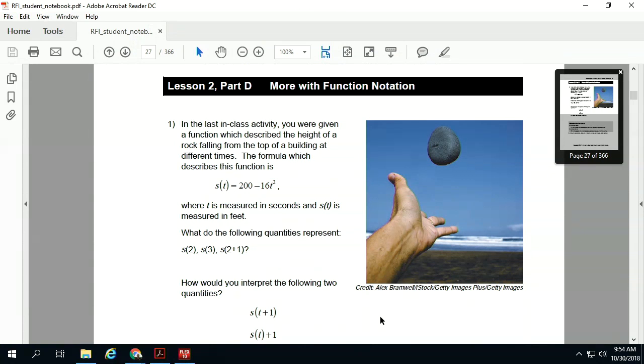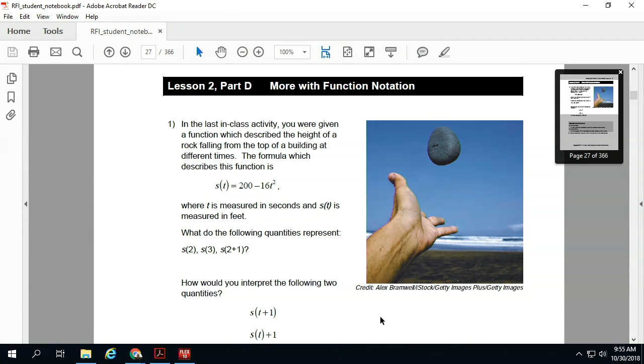The height when the ball has fallen for 2 seconds. S of 3, what does that mean? The height when the ball has fallen for 3 seconds. S of 2 plus 1. The height when the ball has fallen for 2 plus 1 seconds.